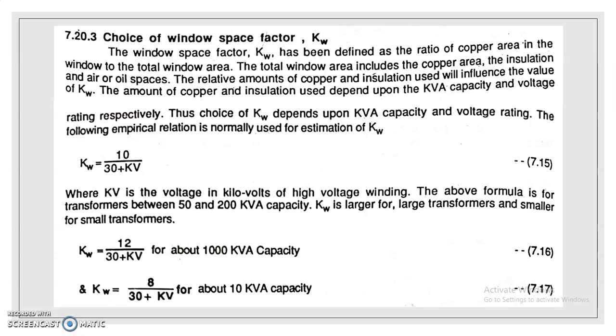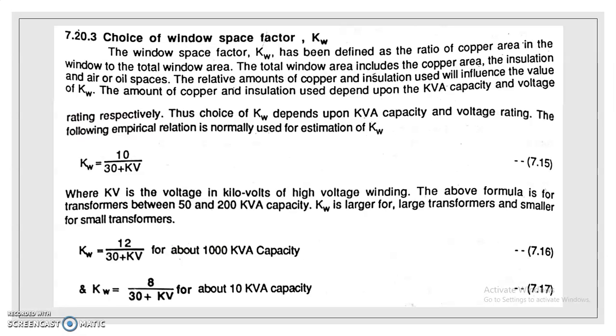If you are selecting a higher value of Kw, it affects the copper area. It means the required copper area will be more, so the required copper material will be more, and it becomes very costly. Overall we can say that it depends on the window area, and we can think about that Kw.